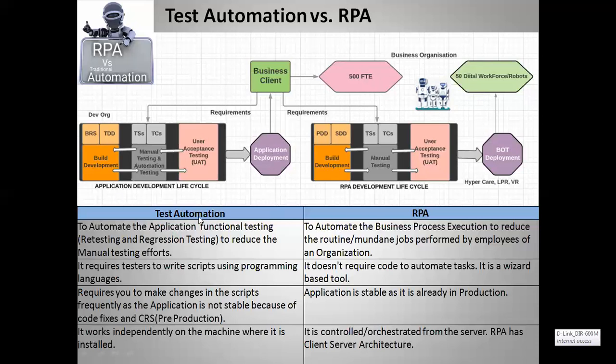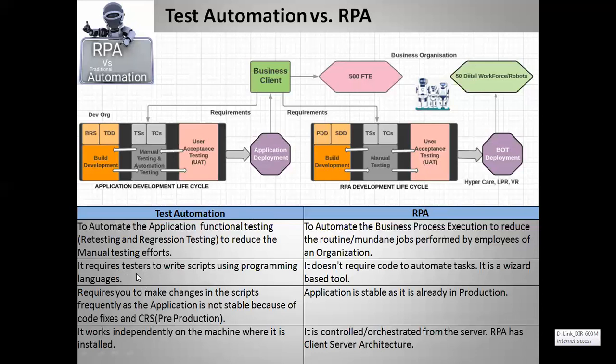Okay, and there are certain differences between test automation and RPA, so let us see that. Test automation is to test the application functionality, basically to do retesting and regression testing, right? And RPA is to automate the business process. It's process automation.